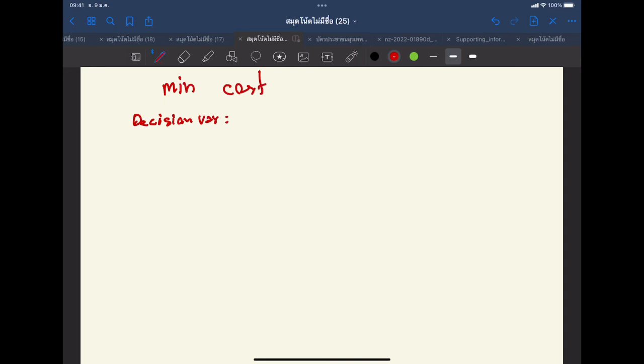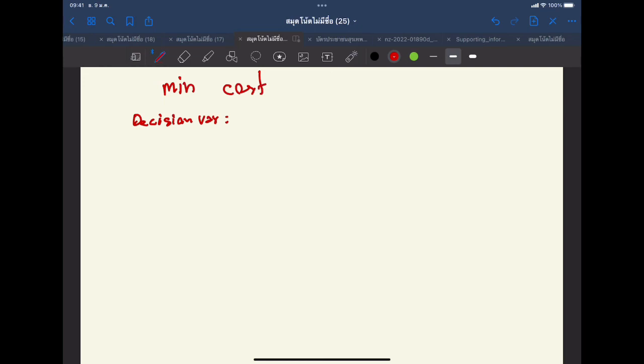Okay, so you see from the table I previously showed you, we have source and sink, right? We have 3 sources, but sometimes a source can be a sink. For example, S1 can ship to S2, right?